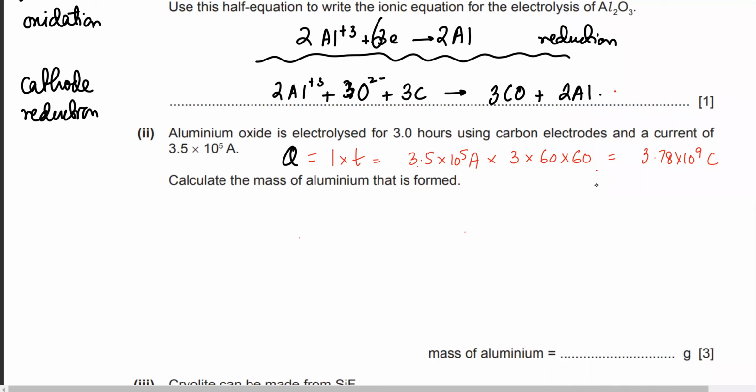Now, how do you convert coulombs to number of electrons? 1 mole of electrons carries a charge of 96,500 coulombs, right? So you've got 3.78 times 10 to the power 9 coulombs. How many moles of electrons is this?